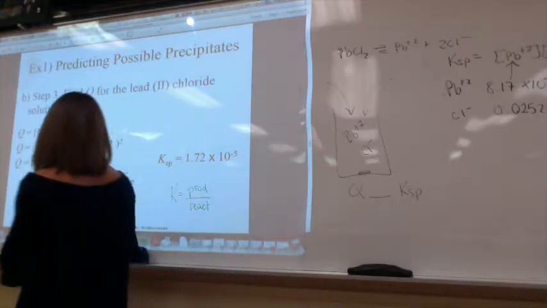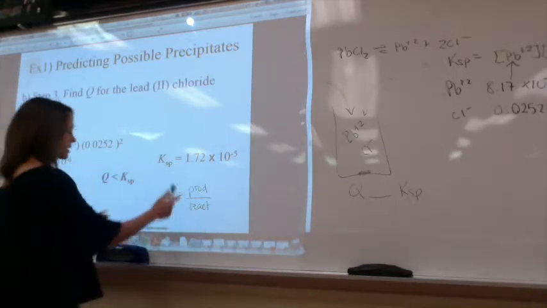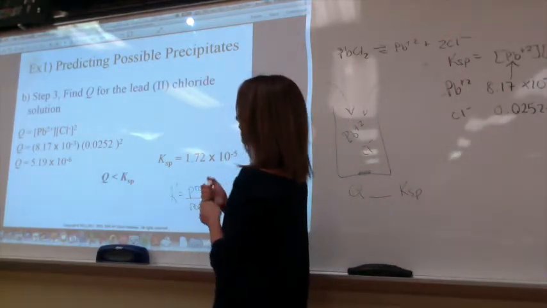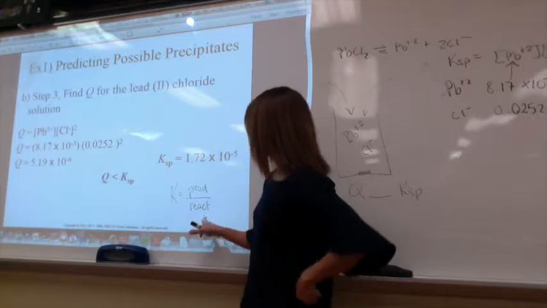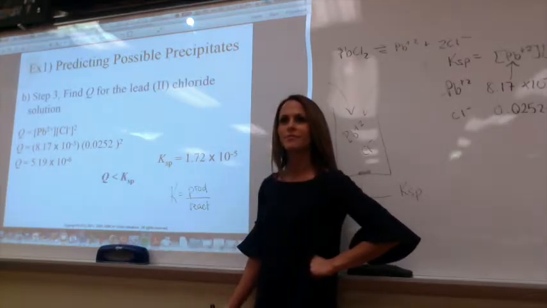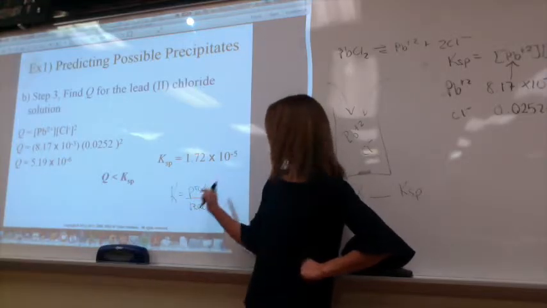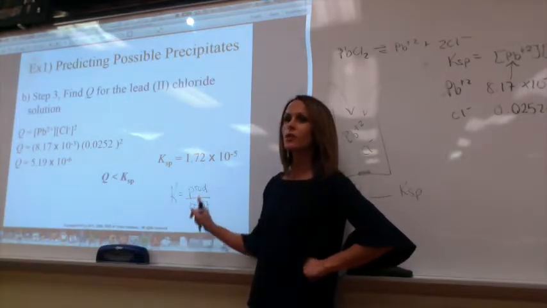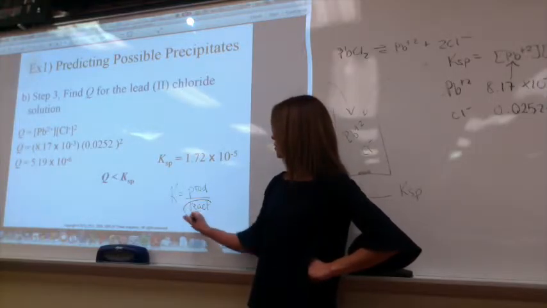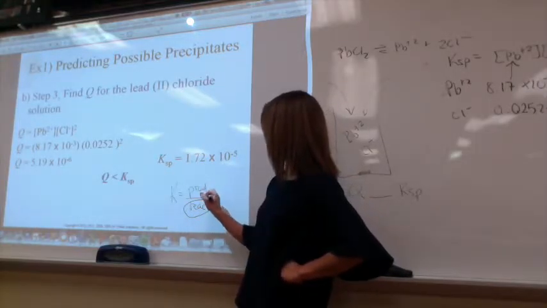So if I have a number Q that is less than K, what does that mean for this fraction? Does that mean that products are too big, or reactants are too big? Reactants are too big. So if the reactants are too big, it's going to push to make more products.